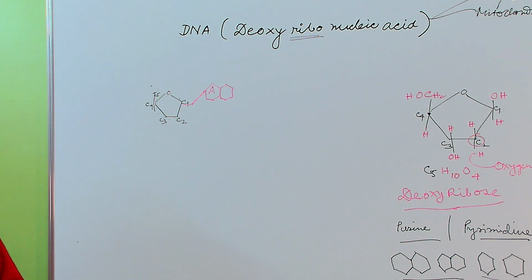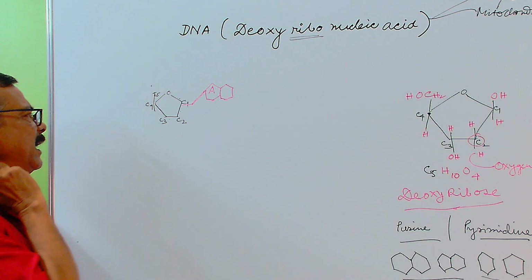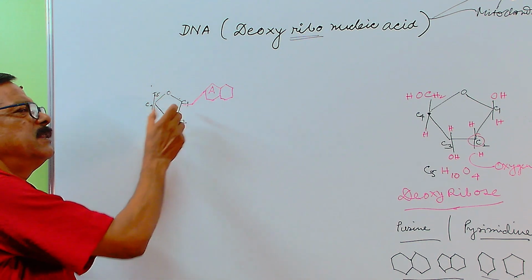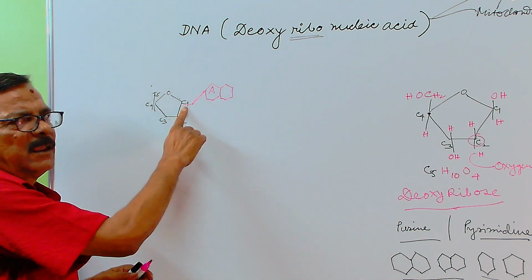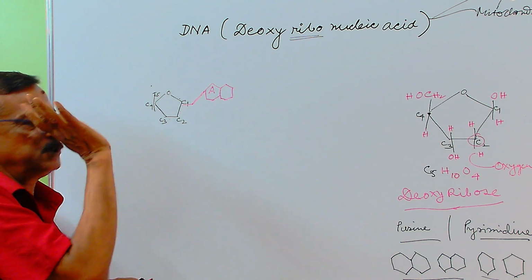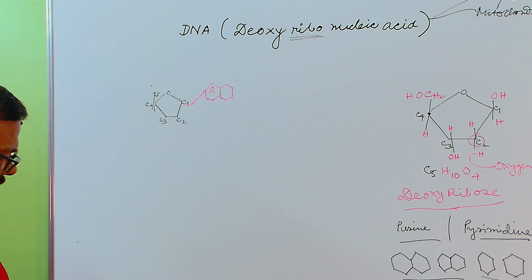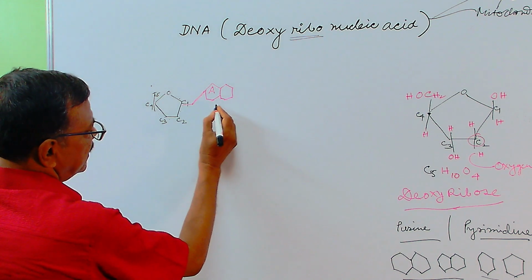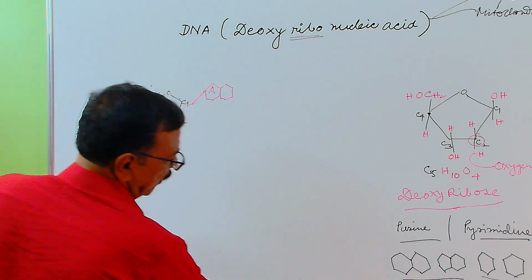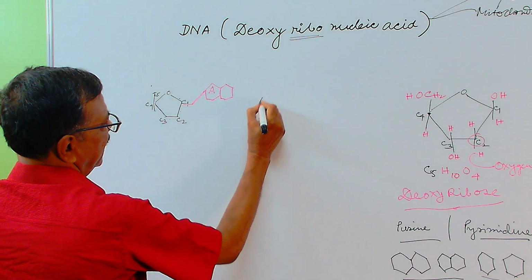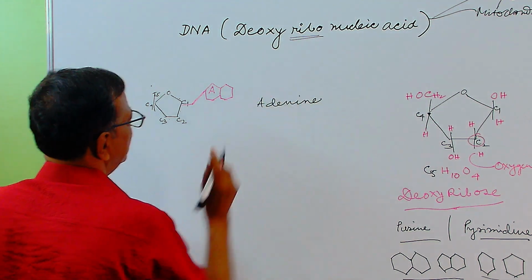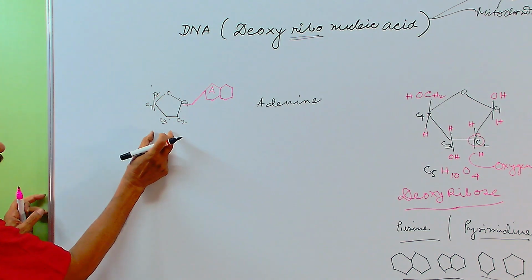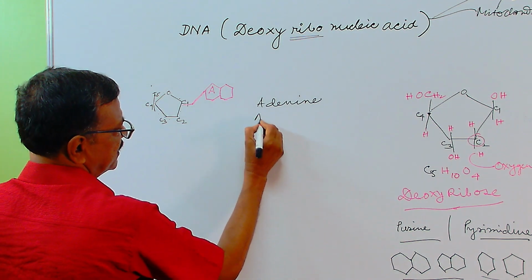Very, very important question: where do the bases remain joined with the deoxyribose sugar? It remains joined in carbon 1 position. Whenever it is remaining alone, it is known as adenine. When it remains joined with sugar, it is known as adenosine.